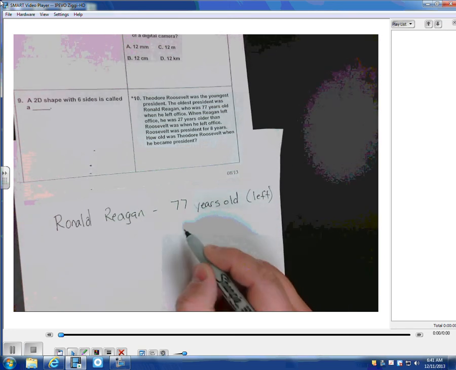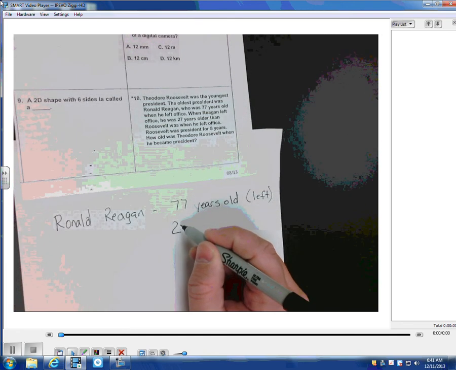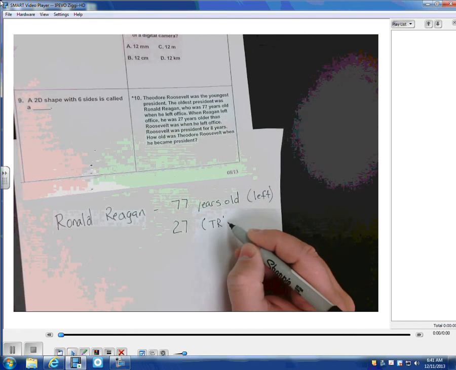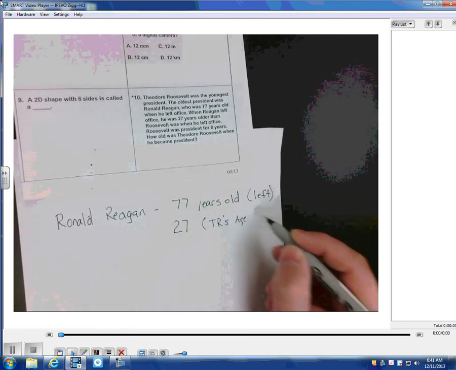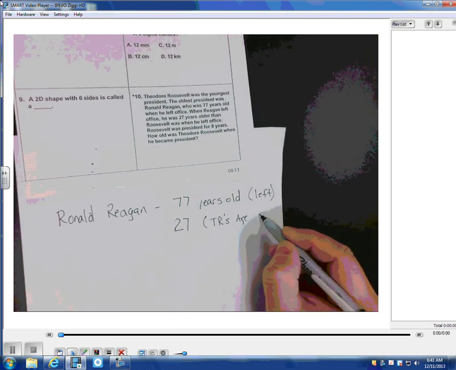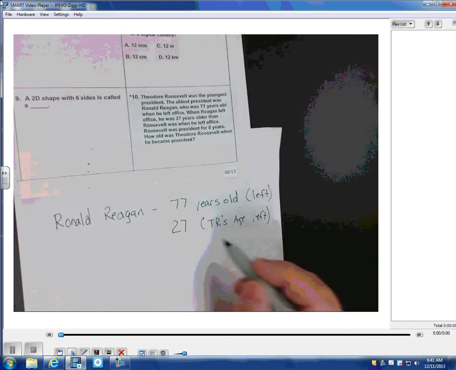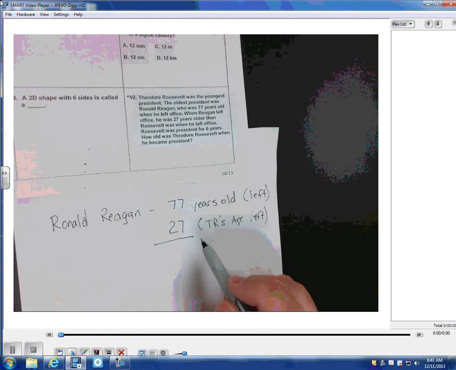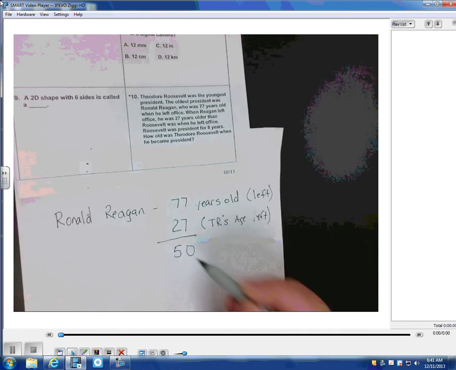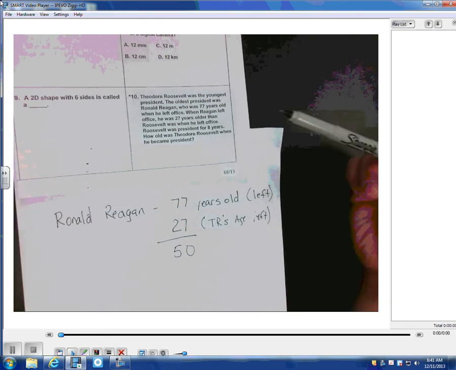Okay, so I would subtract 27 from 77. And I'm just going to put TR's age when he left. Okay, so if I subtract that, 7 minus 7 is 0. 7 minus 2 is 5. So now I have 50. But I'm not finished. I got to keep going with this problem.